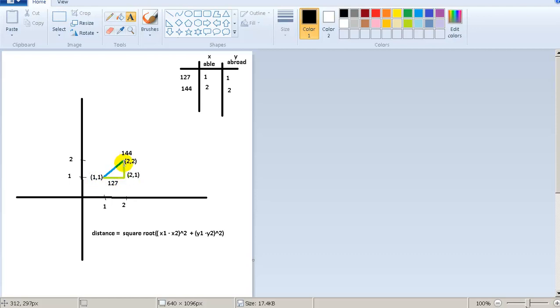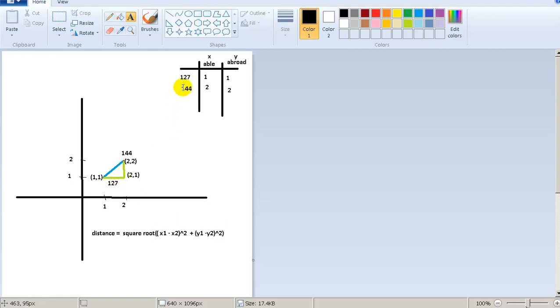This is the distance between the y coordinates of these two points, and that's also 1. But in general, the distance is going to be x1 minus x2. So this is the formula here, which is a simple formula. Okay, so that's the idea.